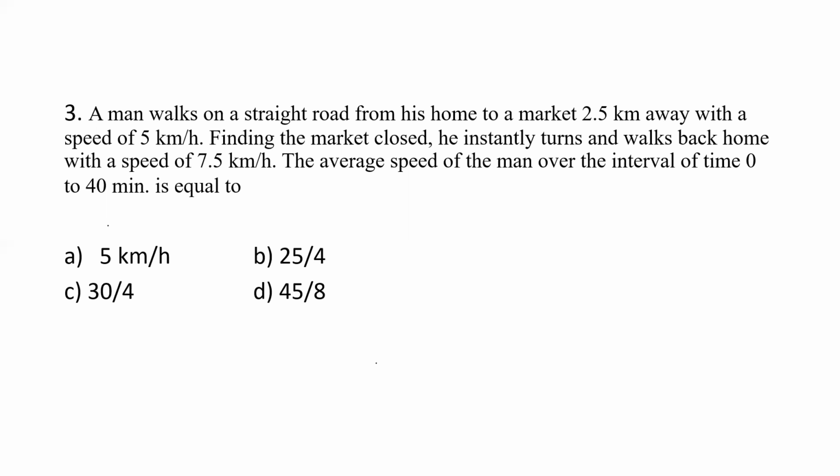See here, the time taken in going to market. Speed and distance they have given, so we need to calculate time, in terms of minutes, because to calculate the average speed we first require the time interval.